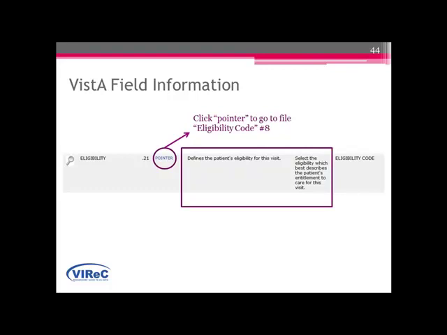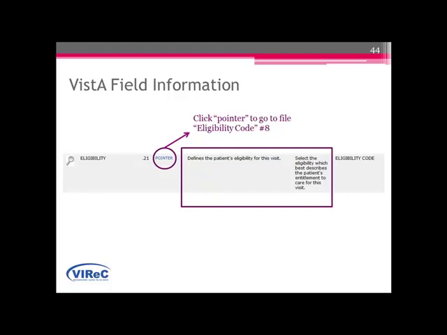And I can see right away that it is a pointer, which means it's going out to another file in Vista to get the information to bring it back to the visit file. And if I clicked on this word pointer, it will bring me to the file that it's pointing to and show me descriptions of what's in that file. That file is called eligibility code, and it is file number 8.